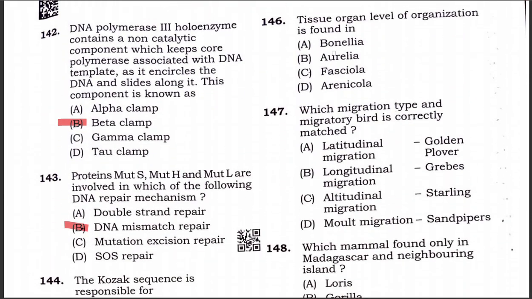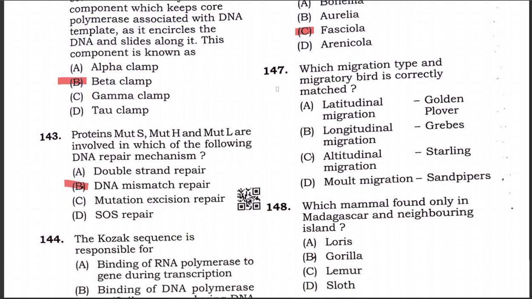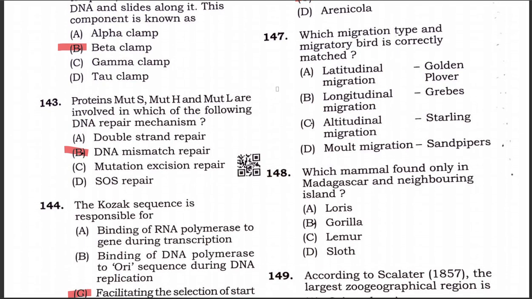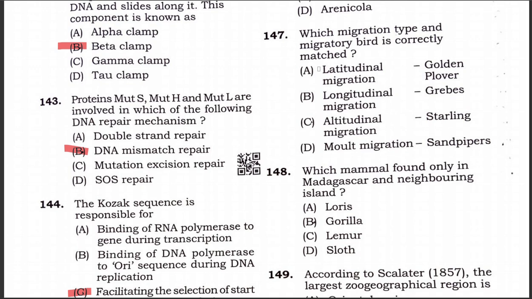Then tissue organ level of organization is found in Fasciola. Then which migration type and migratory bird is correctly matched? So latitudinal migration, golden plover is correctly matched, and the starling is a short distance migratory bird.